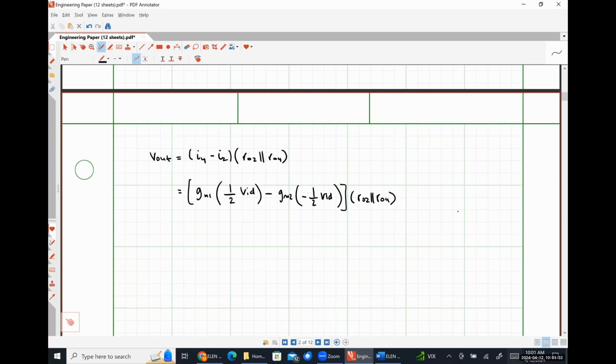Since GM1 and GM2 should be literally the exact same thing because transistors M1 and M2 are matched, this works itself out as positive GM2 times VID times R02 in parallel with R04.